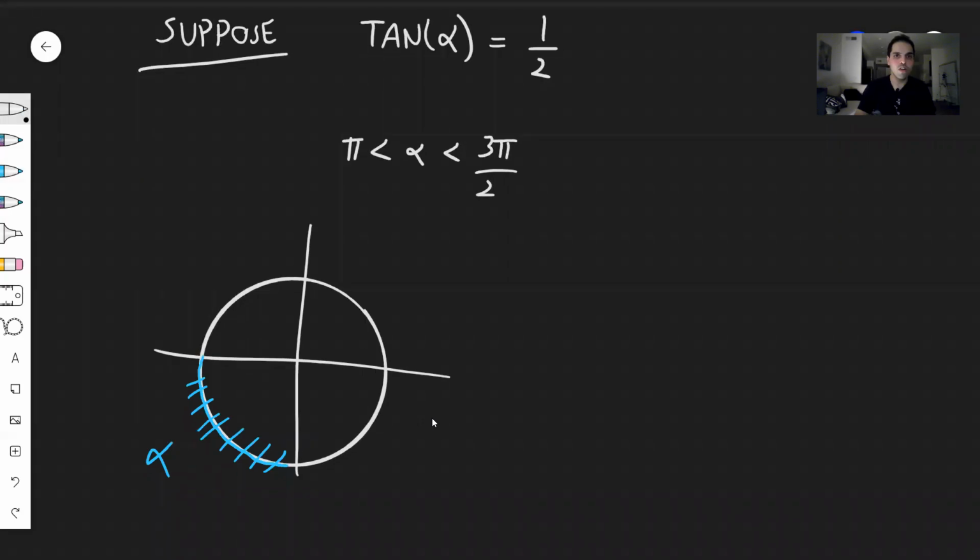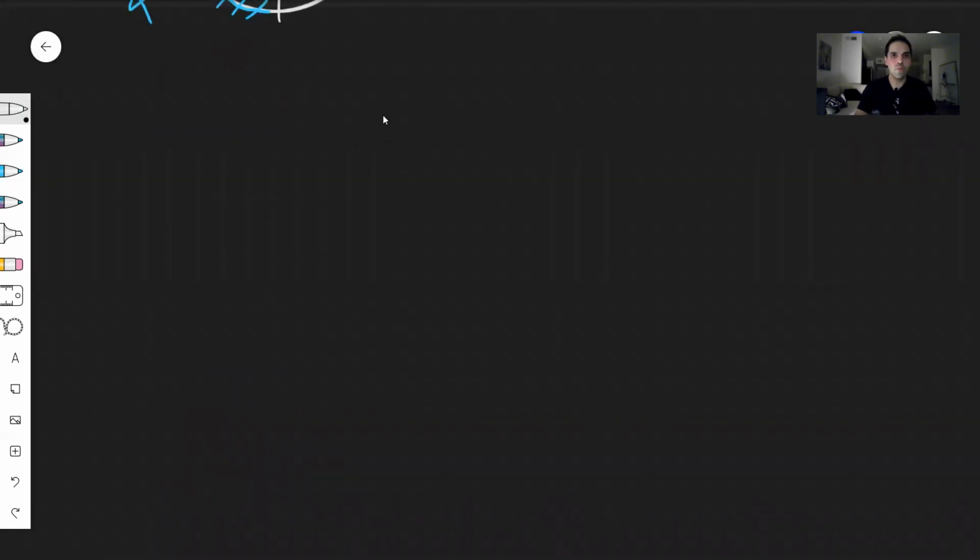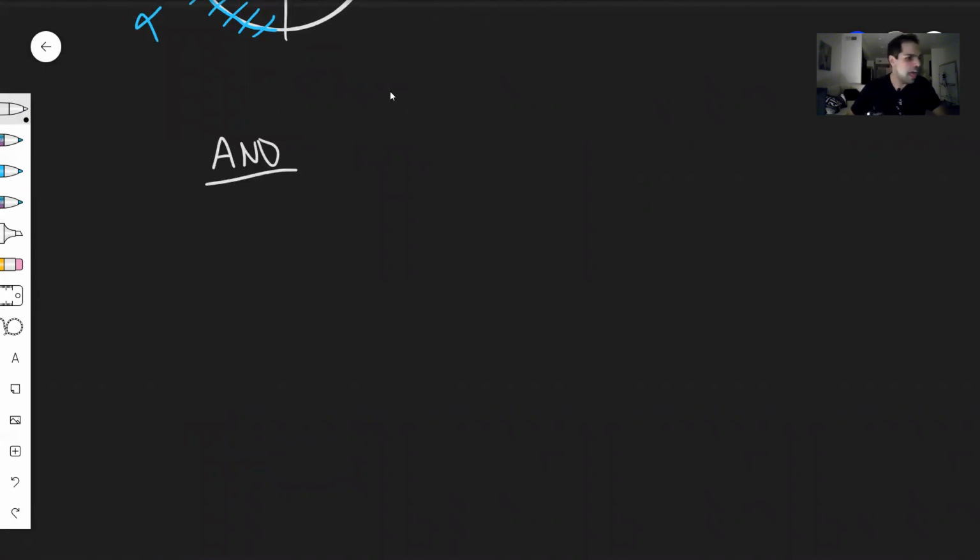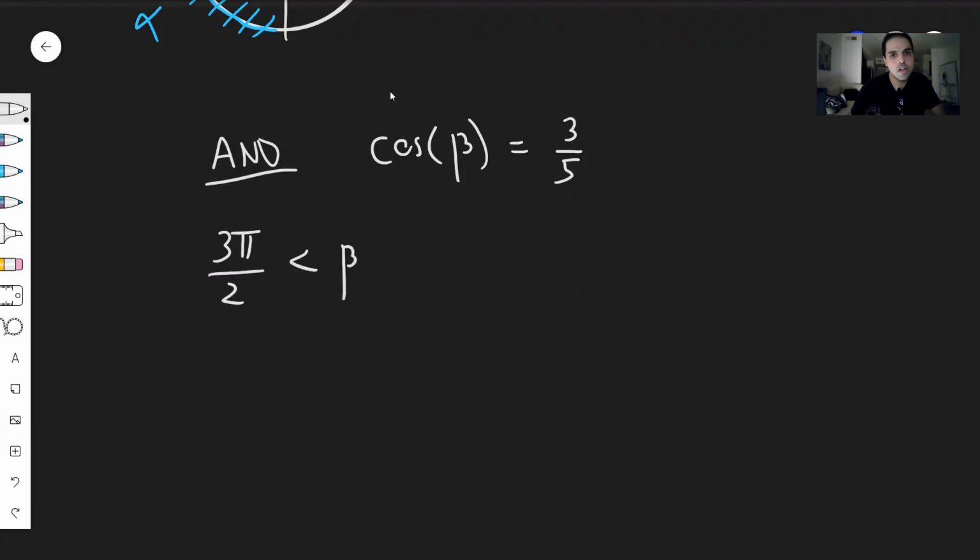And moreover, we also know another angle beta, and we know that cosine of beta equals 3/5. And there's no debate about this. And beta is between 3π/2 and 2π.